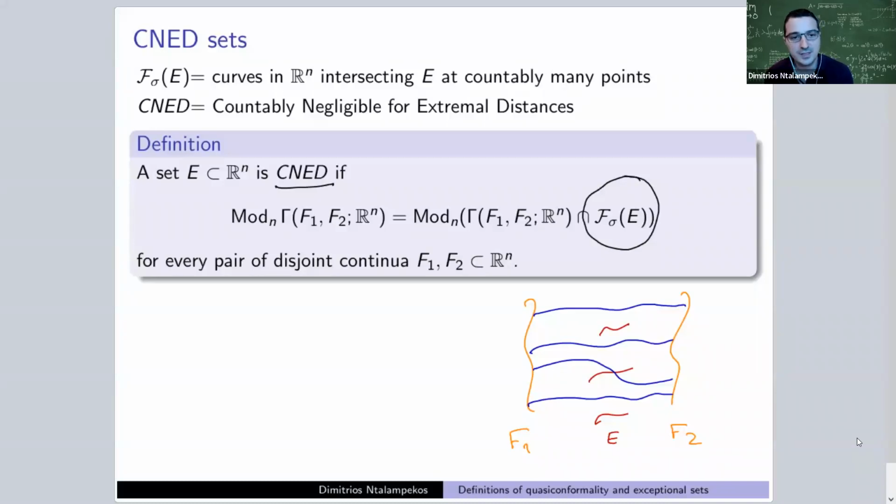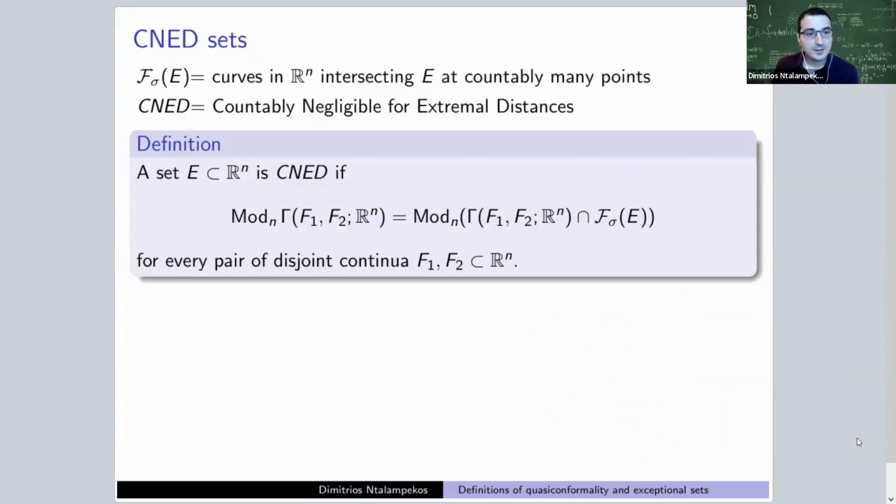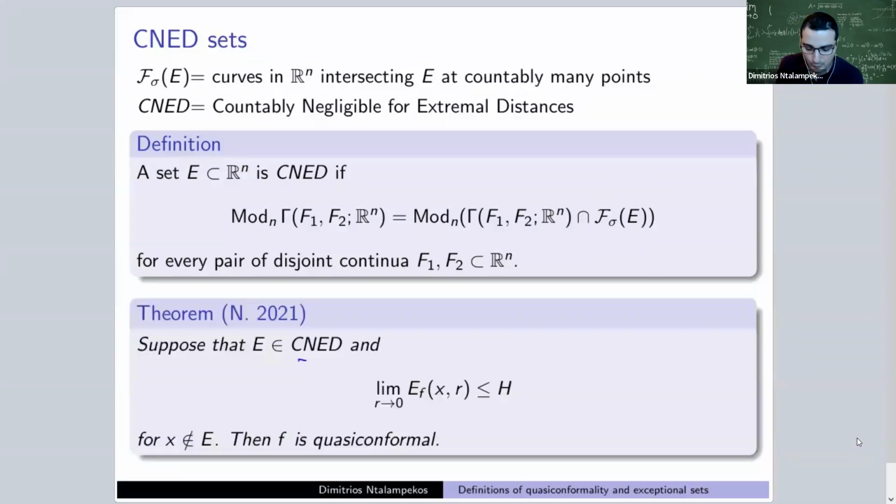In this case, we say that a set is CNED. And now the main theorem states that these CNED sets are removable for quasi-conformal maps. Namely, if we require that the eccentric distortion is uniformly bounded outside the set E, then F is quasi-conformal.